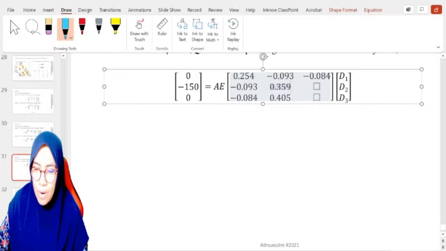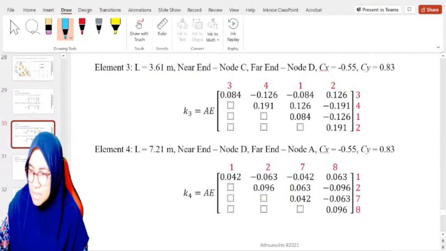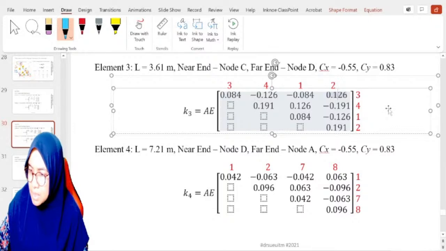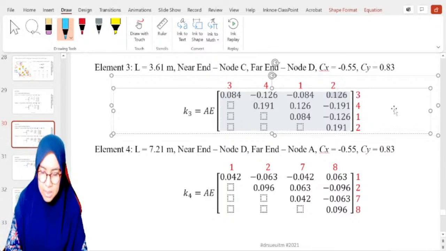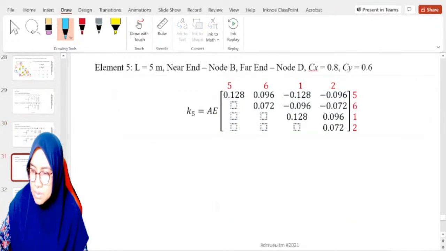And for position 2, 3, where is 2, 3? Here is 0.126. There's none in K4.